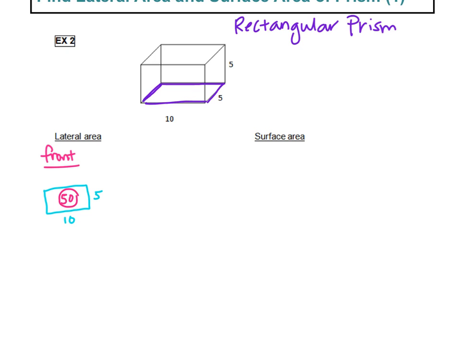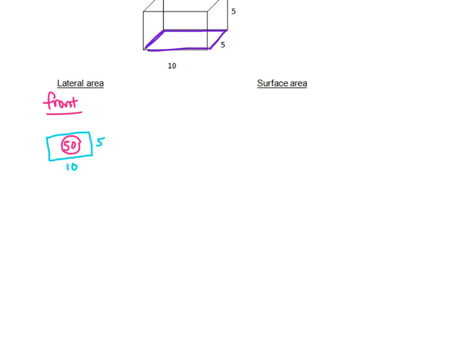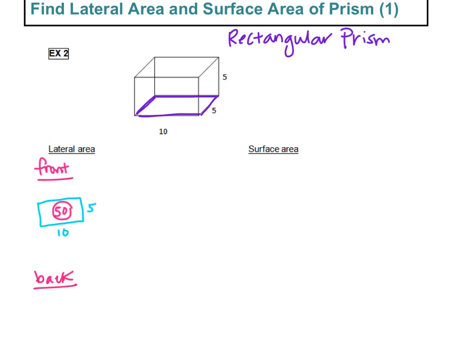Well, similarly, we have a back face also. So the back, let me show you where it is in the picture. So here's the back. Do you see what I'm outlining? This is the back face.